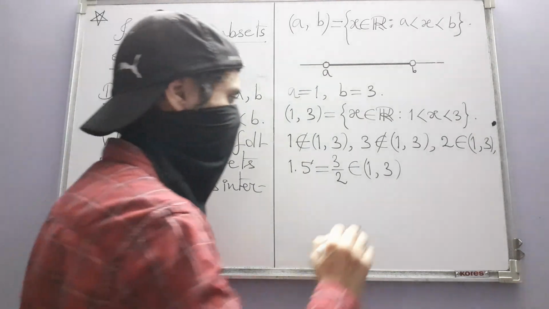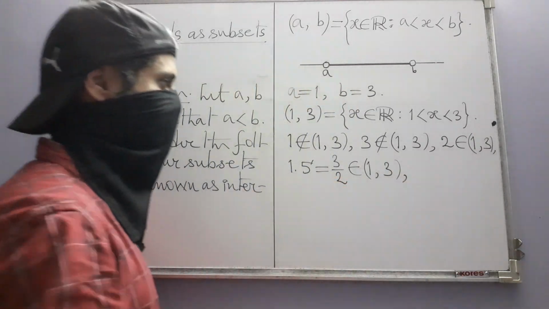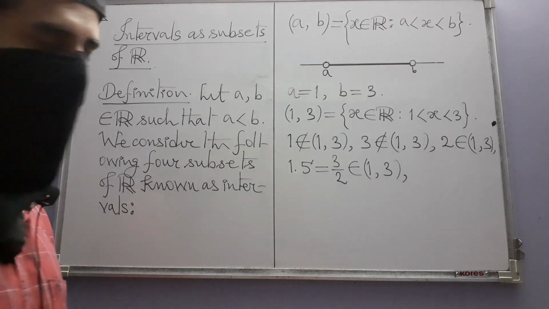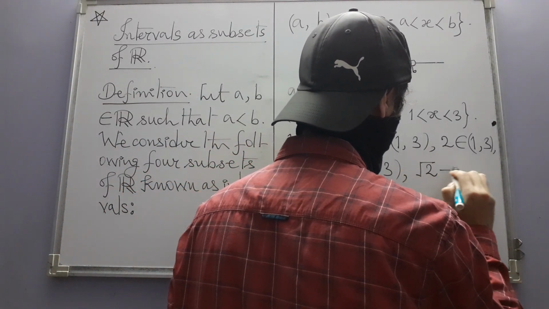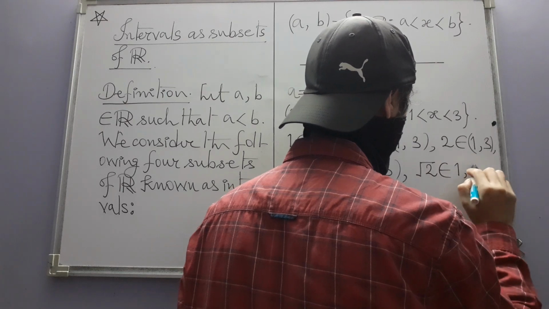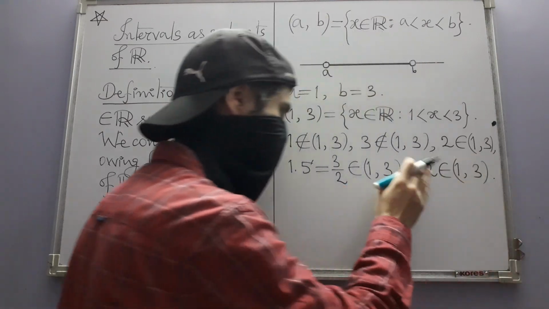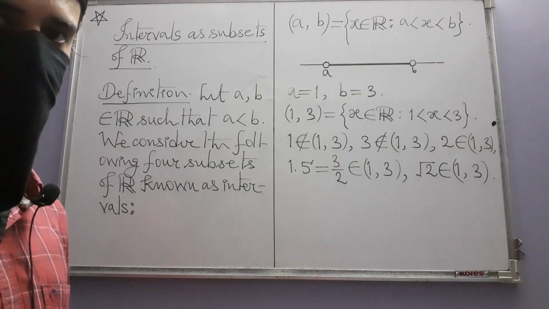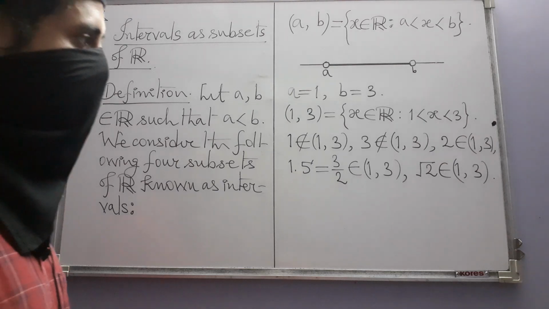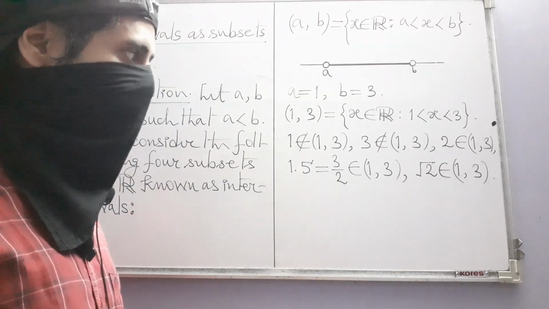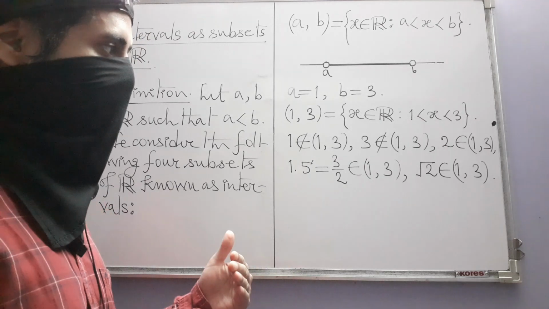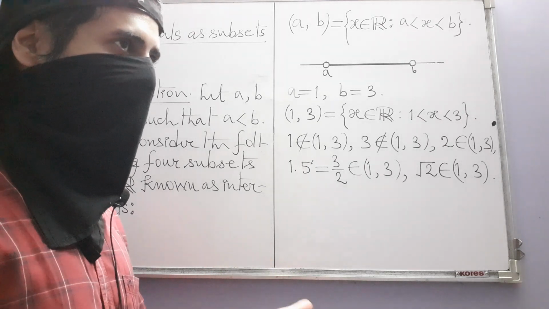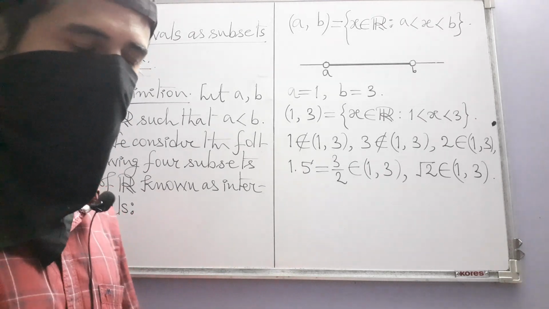But additionally, there are irrational numbers also in this interval. For example, square root of 2 also belongs to (1, 3). How do you know this though? If you rely on the decimal representation of square root of 2, then you can readily say that it is approximately 1.414215, whatever it is, okay.